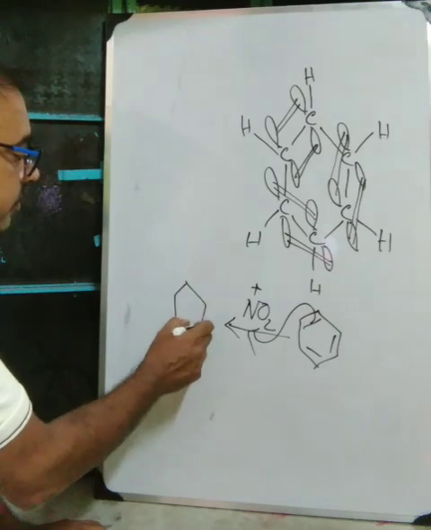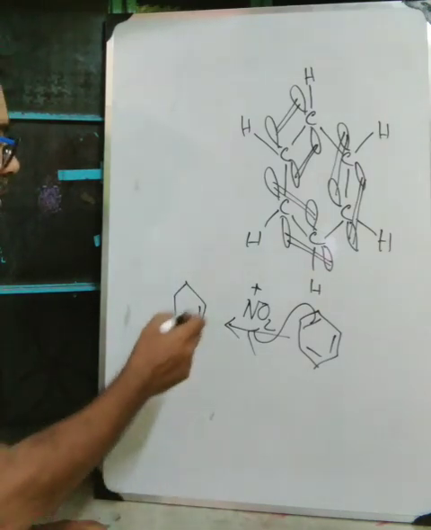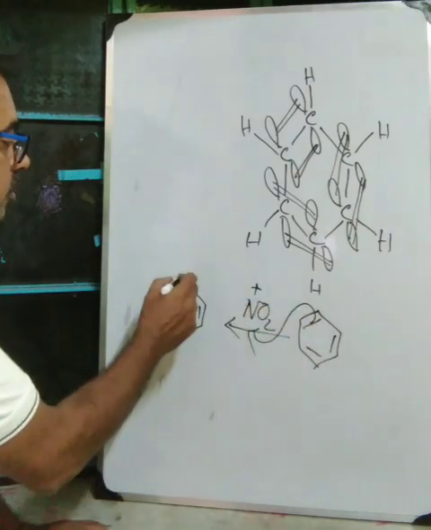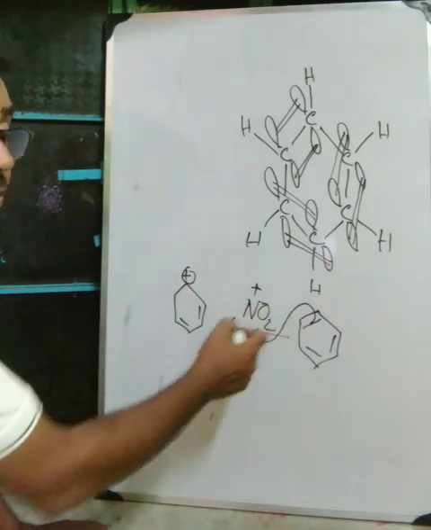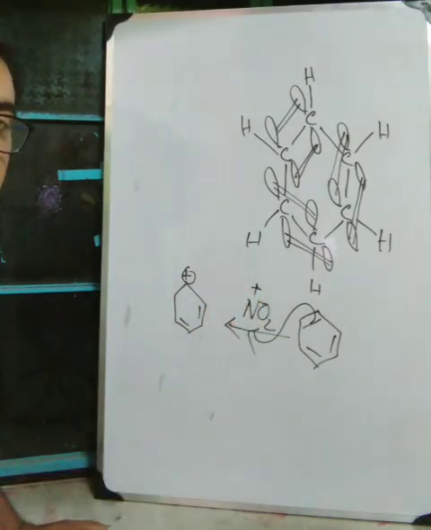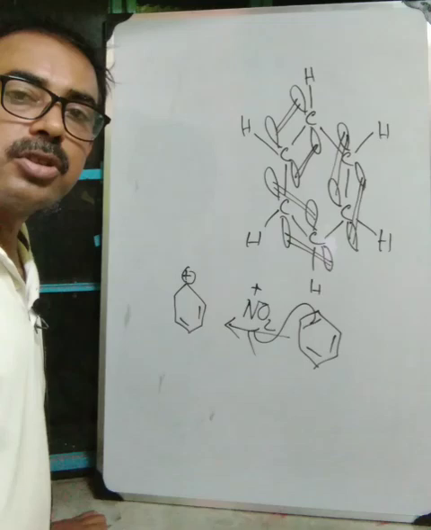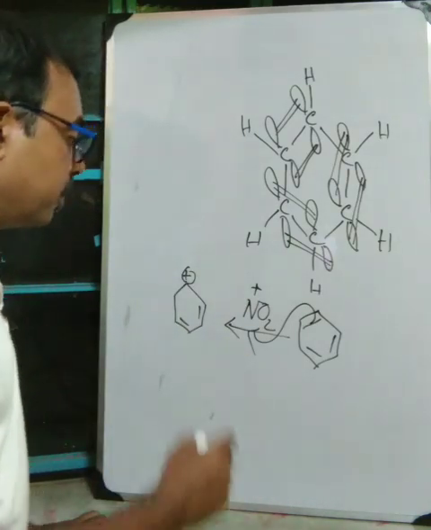These two bonds remain intact and the bond is broken from this carbon, so there will be a positive charge on this carbon, and here a hydrogen was already there. When the substituent NO2 comes, that electrophile comes, one has to go above the plane and the other below the plane.